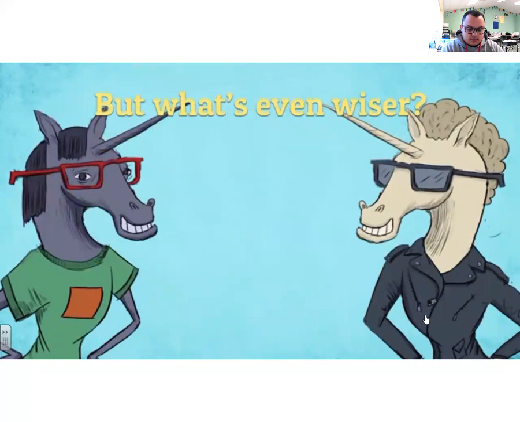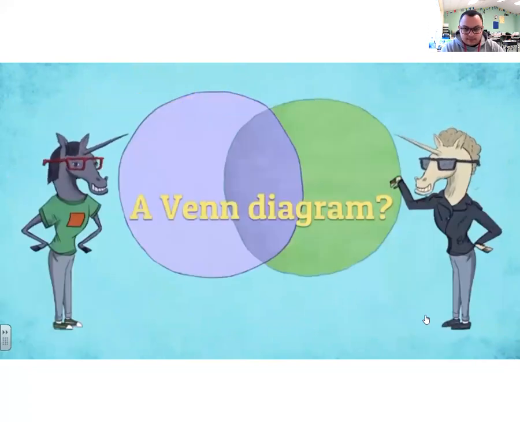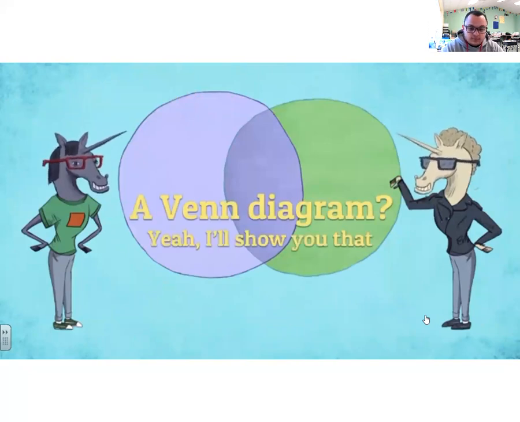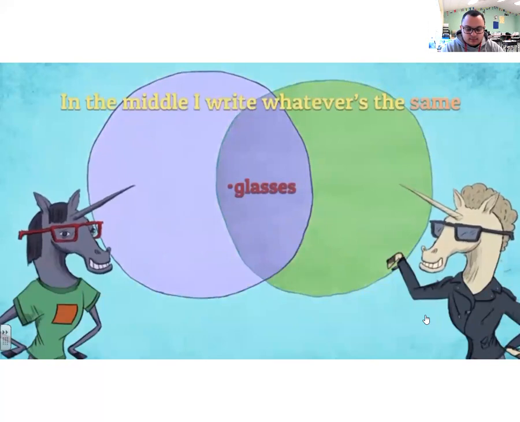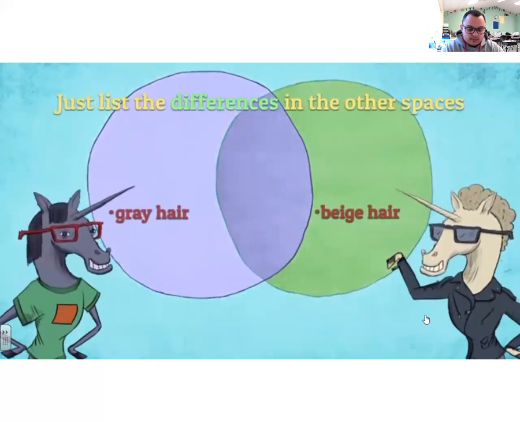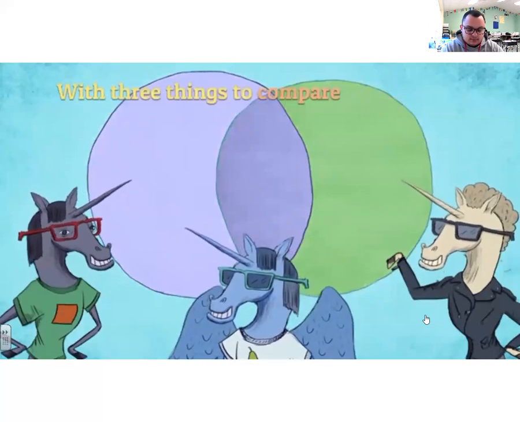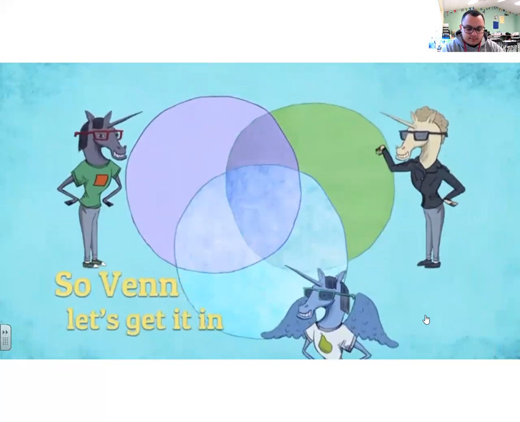But what's even wiser, before I write, I'ma use a graphic organizer, a Venn diagram. Yeah, I'll show you that. I just draw two circles that overlap. In the middle, I write whatever's the same. Just list the differences in the other spaces. With three things to compare, what should I do then? I could add a third circle, so then let's get it in.